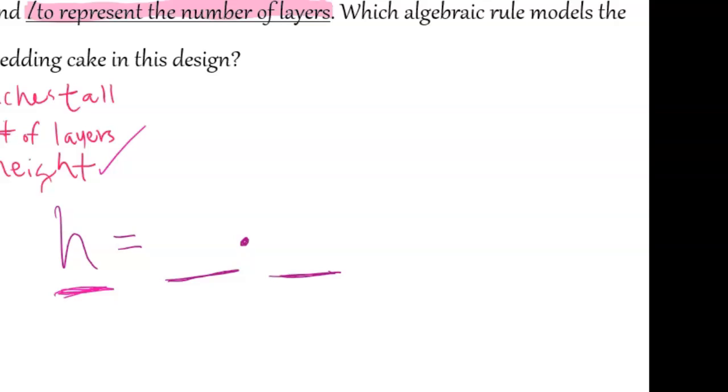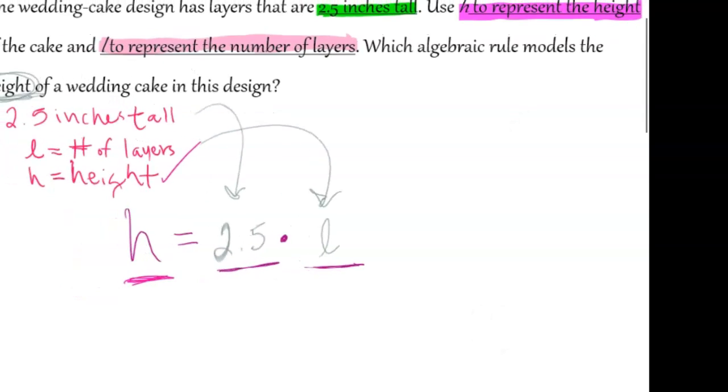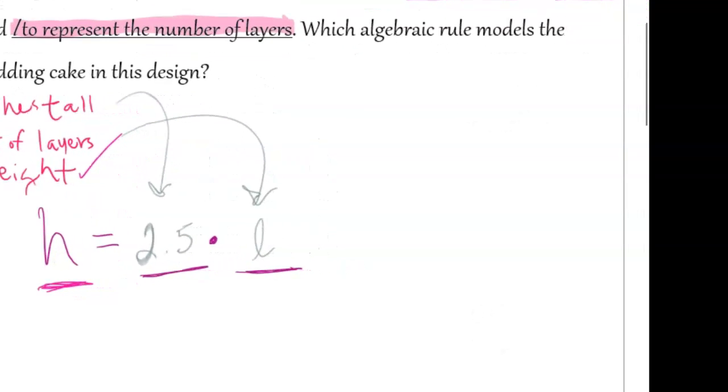So we have the 2.5 and the L. So we can just go ahead and insert what was given first here, and what was given second, we can add it second. So then we would have 2.5 times L.